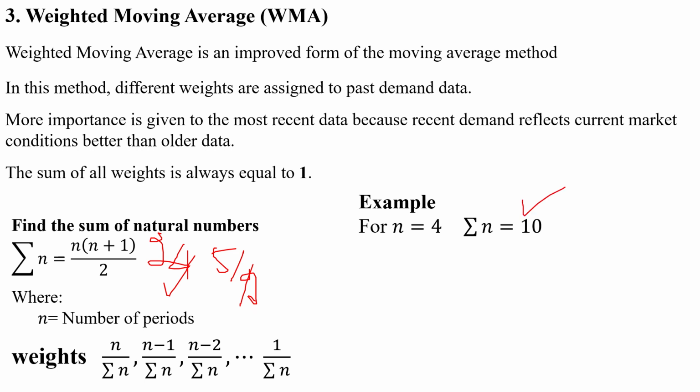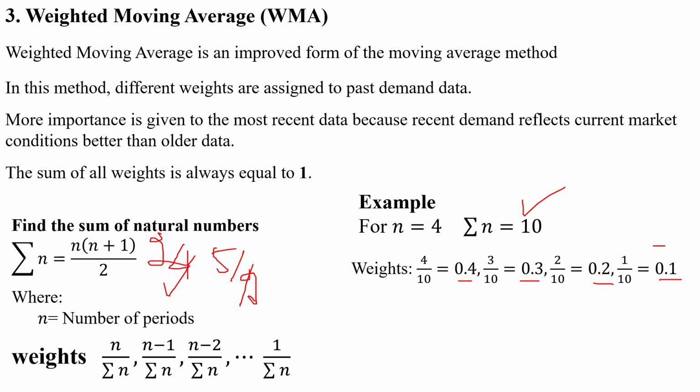Then the weights will be n divided by summation of n, that is 4 by 10, 0.4, and the next one 3 by 10, 0.3, and the next 2 by 10, 0.2, up to 1 by 10, which is 0.1. And the summation of all the weights, 0.4 plus 0.3 plus 0.2 plus 0.1, is equal to 1. The sum of all weights is always equal to 1.